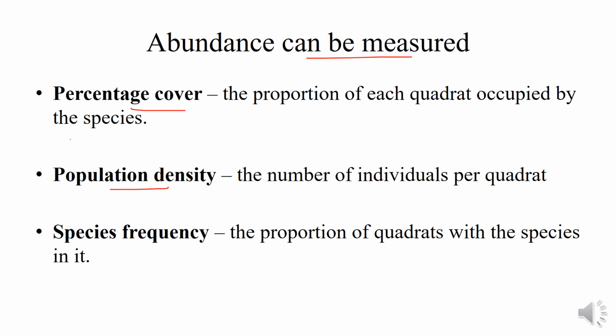Species frequency means, across quadrats 1, 2, 3, how many times you get species A. If you get species A in all the quadrats, the frequency of species A is high.